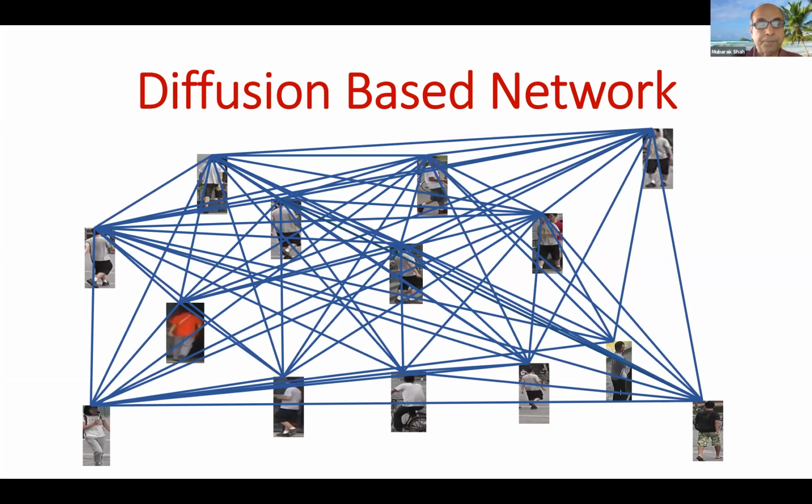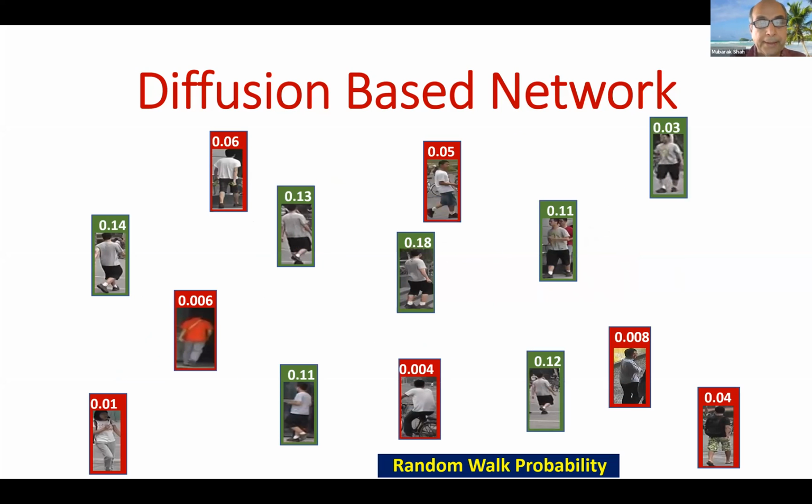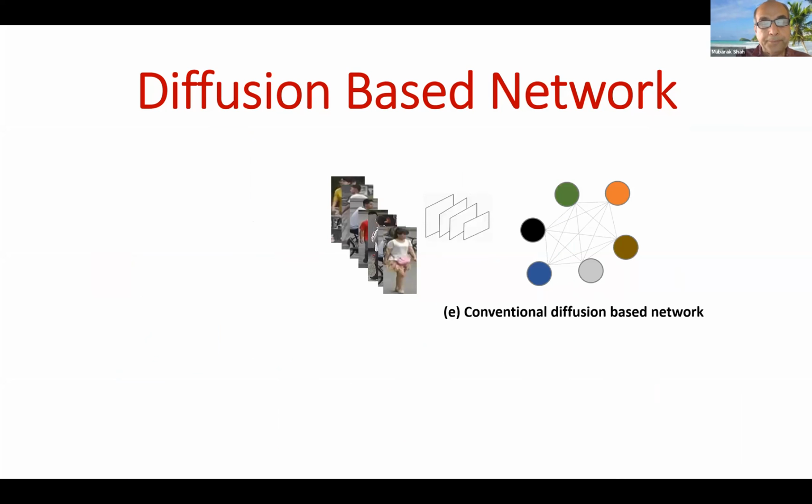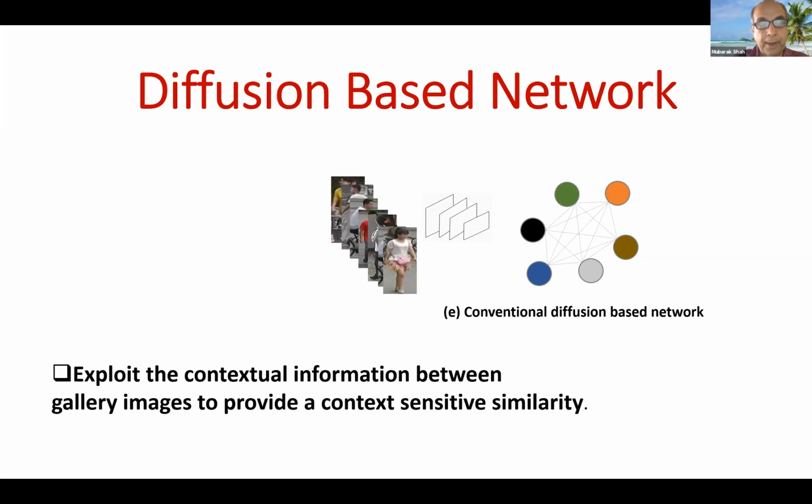We'll connect each image with all other images, and then diffuse the similarity between these images. One simple way is to use a random walk and come up with the probabilities of going from one node to another node. This has been popular, and it gives better results compared to these other methods.